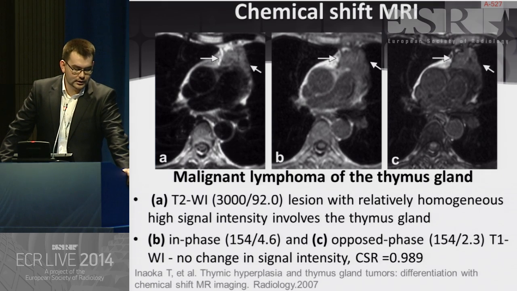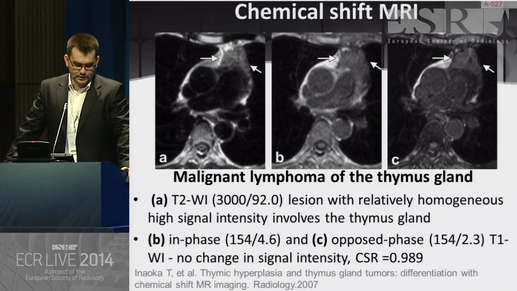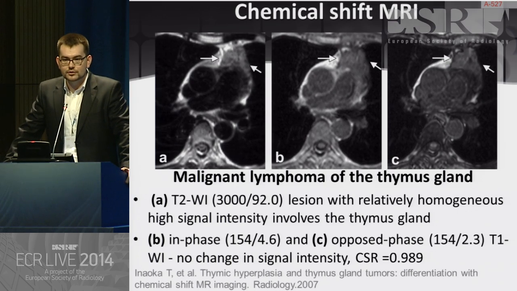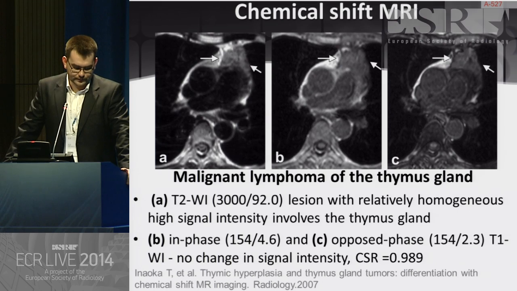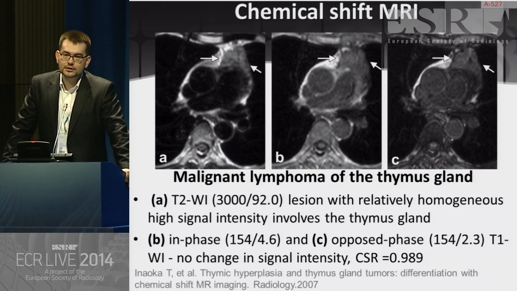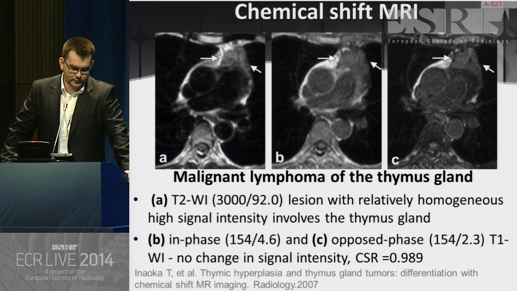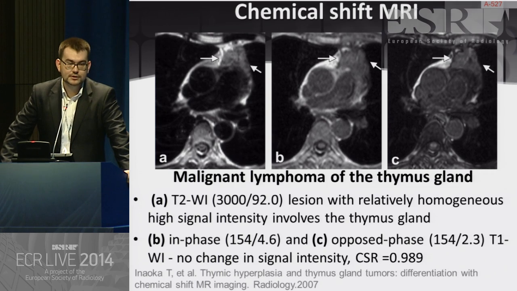Chemical shift MRI provides MR images with 2 different contrasts, in-phase and opposed-phase images, depending on the fat to water ratio. This technique, by detection of the fat within a tissue mass, allows for the discrimination of hyperplastic thymic tissue from tumor tissue.